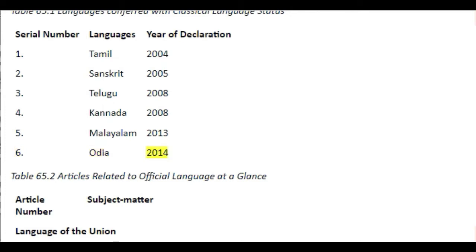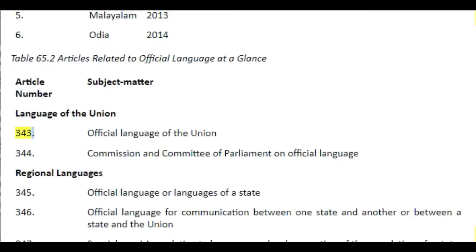Table 65.2 Articles related to official language at a glance. Article number. Subject matter. Language of the Union. 343. Official language of the Union. 344. Commission and Committee of Parliament on Official Language.